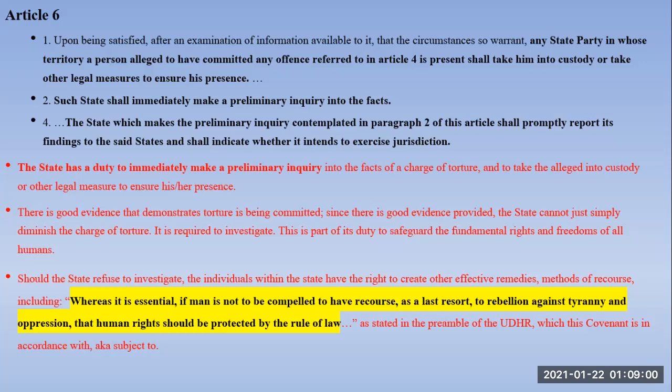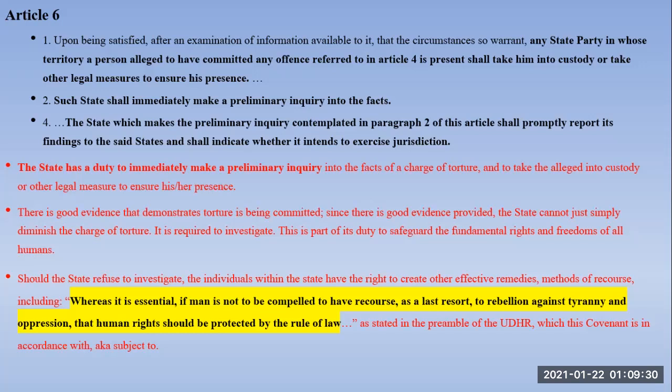The state cannot just simply diminish the charge of torture. It is required to investigate the facts, required to investigate. And there should be an impartial investigative committee. This is part of its duty to safeguard the fundamental rights and freedoms of all humans. This is part of our human rights to have recourse for any violations of our human rights.